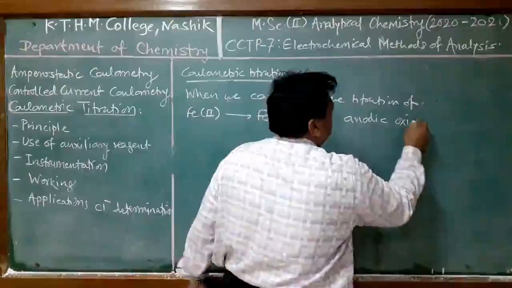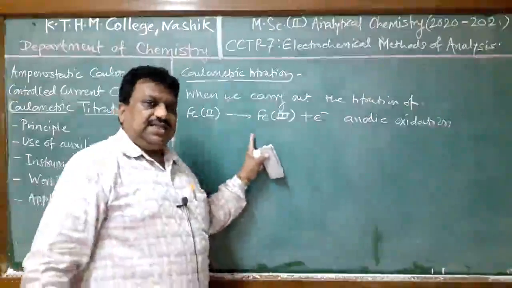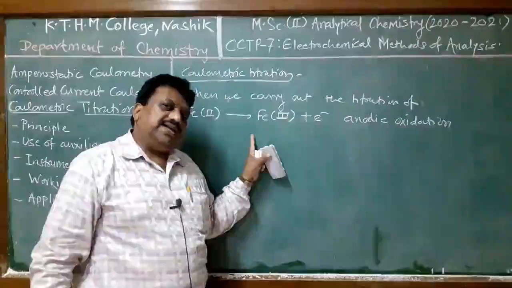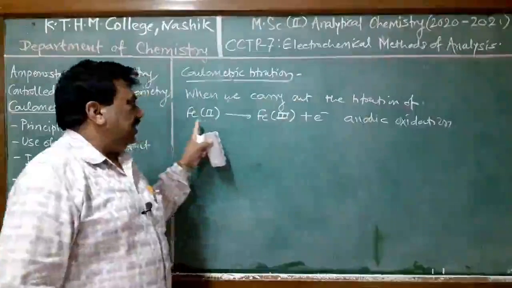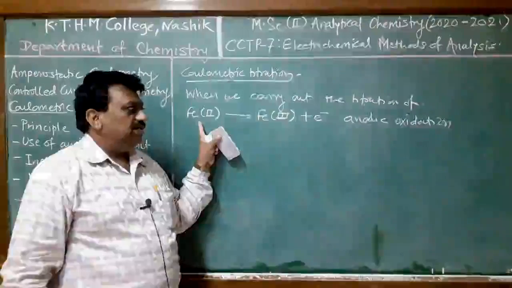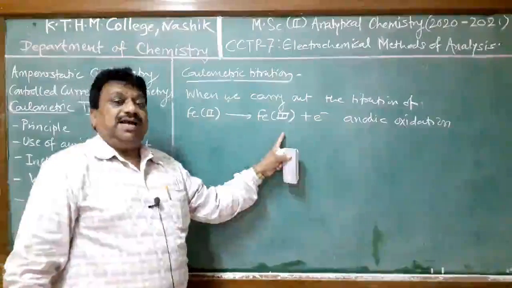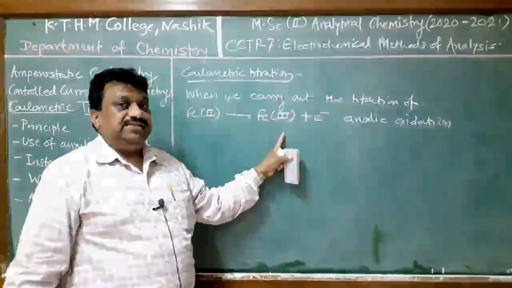When we carry out this reaction at a constant current, initially when the concentration of Fe2+ ions is high, we can easily maintain the magnitude of current at a constant value.